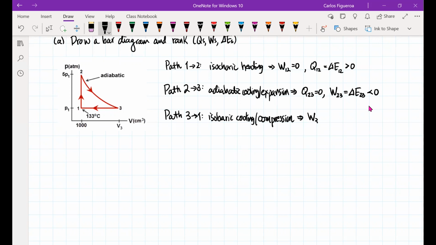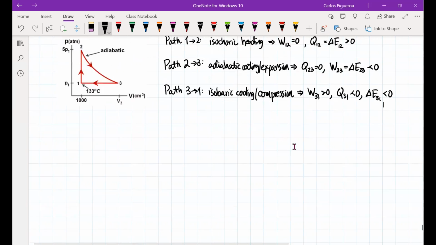So therefore the work must be positive. But we're going from a higher energy state to a lower energy state, so I would expect that the heat is going to be negative as well as the internal energy being negative. I have to take out heat to keep the pressure smaller as the compression occurs.